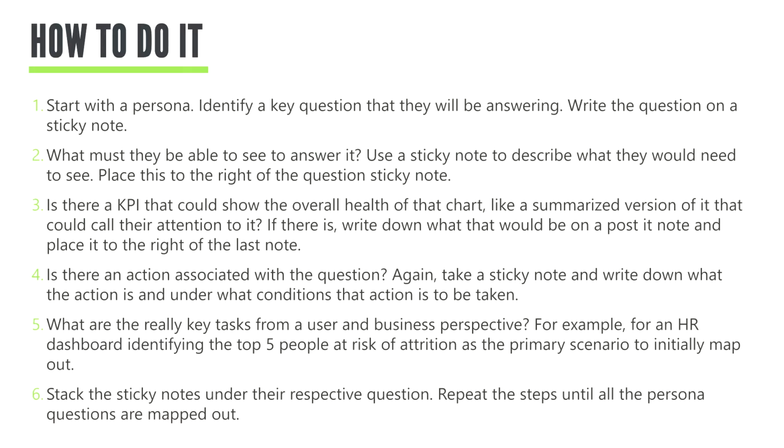So you start with the persona and identify the most important question that they need to be answering. Now, it should already be in a sticky note. If it's not, I strongly recommend you start using sticky notes here for this part. Now, what must they be able to see in order to answer it? So put your question on the sticky note and stick that on the table or whiteboard.